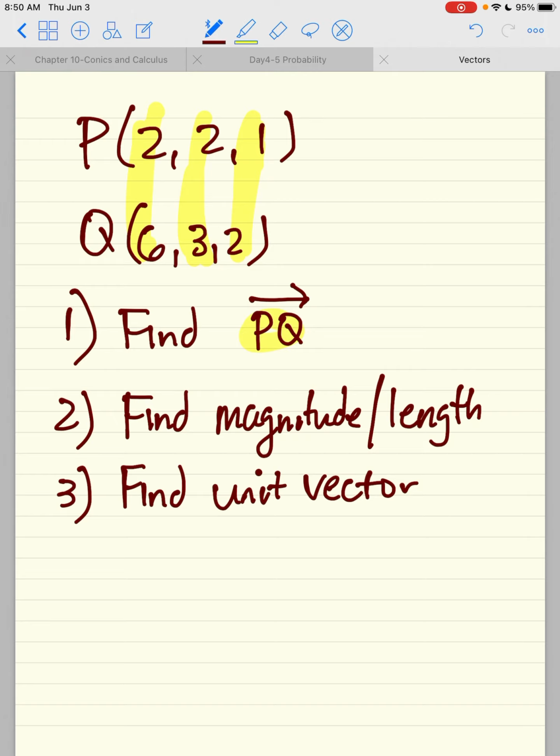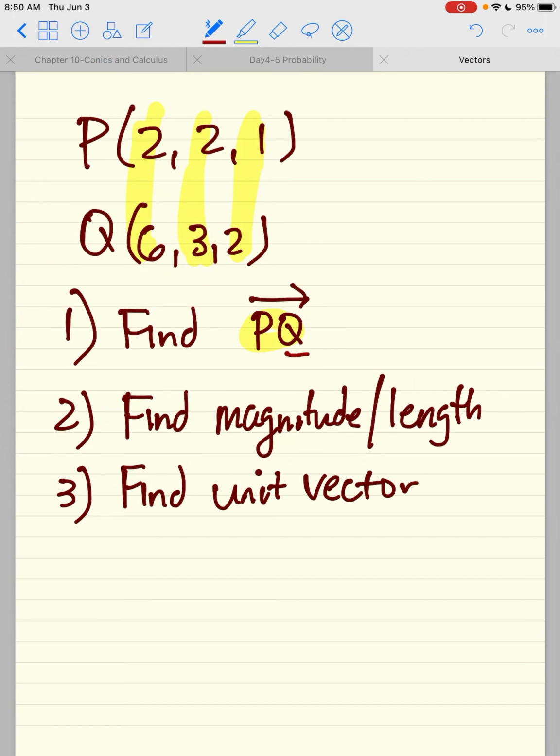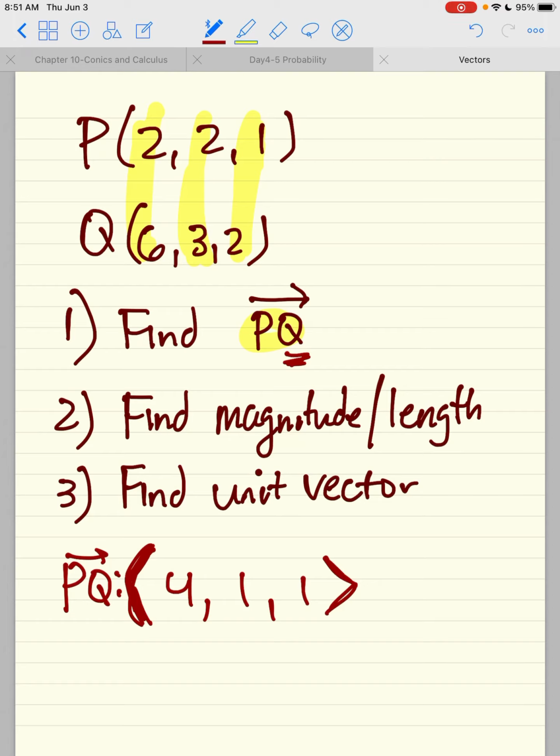Now we're going to do Q minus P because the second letter is Q. So we're going to say 6 minus 2, 3 minus 2, 2 minus 1. Because this is the vector, I'm going to denote it with those sharp ends.